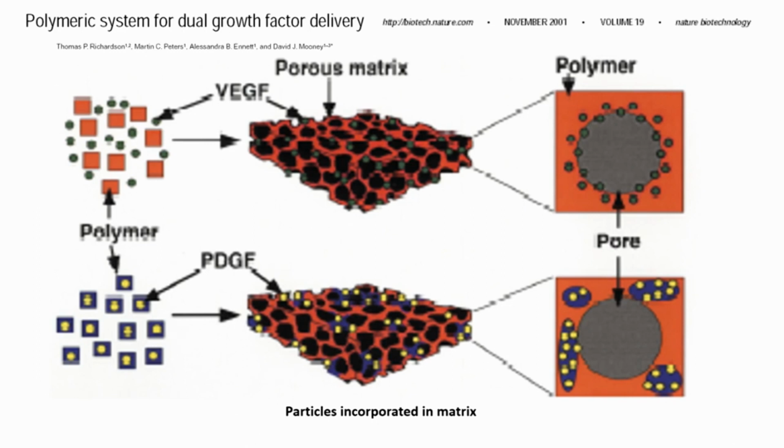So, what is being done here is they have used a polymeric system and they have used dual growth factor delivery. In this case they have created a porous matrix, and in that porous matrix they have either encapsulated their VEGF, which is the growth factor they are using, directly into the matrix, okay.